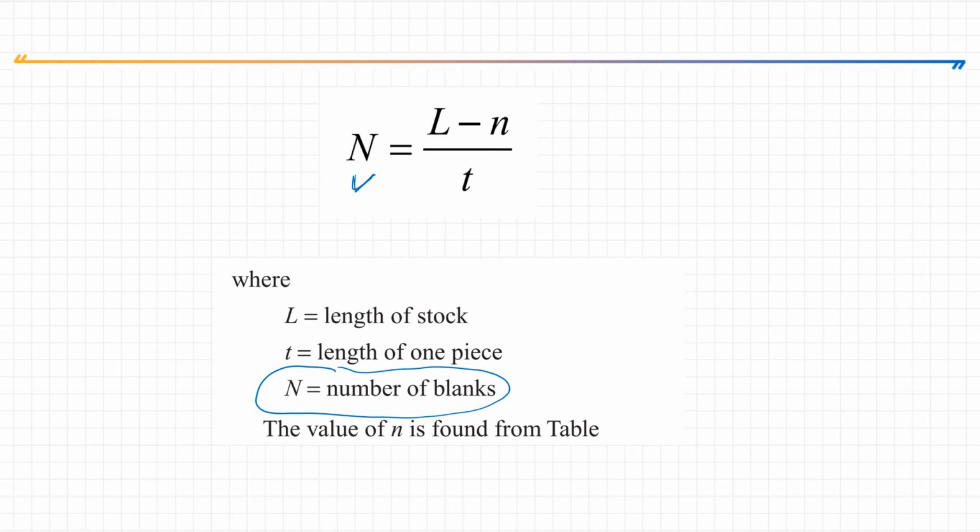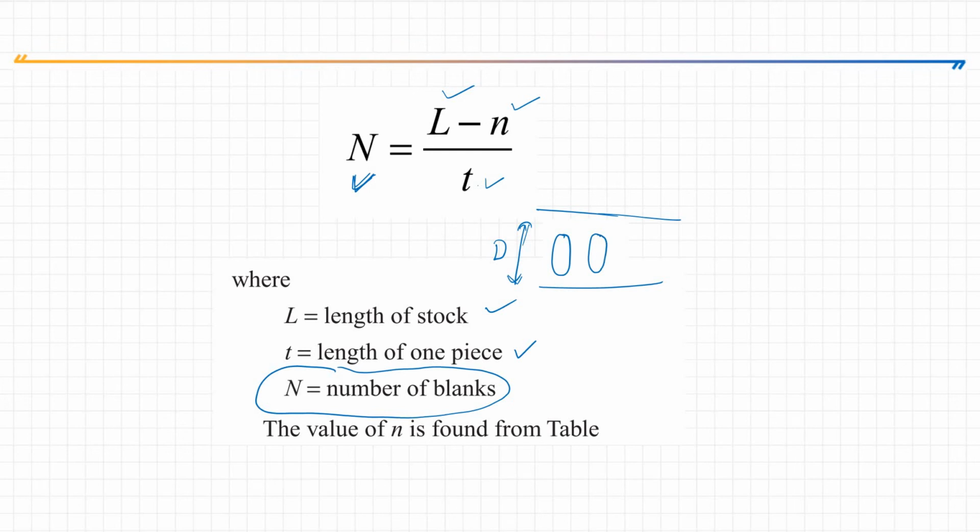So for calculating the number of blanks, we will have this formula: L minus small n divided by small t. So this L is the length of the stock. If we talk about small t, then suppose we have two components. One component is like this, and the next component or next blank is like this.